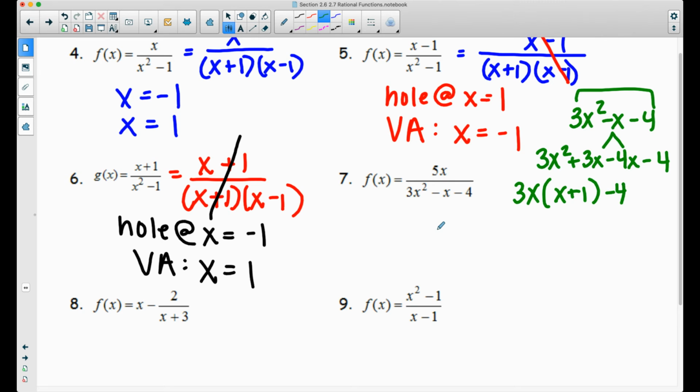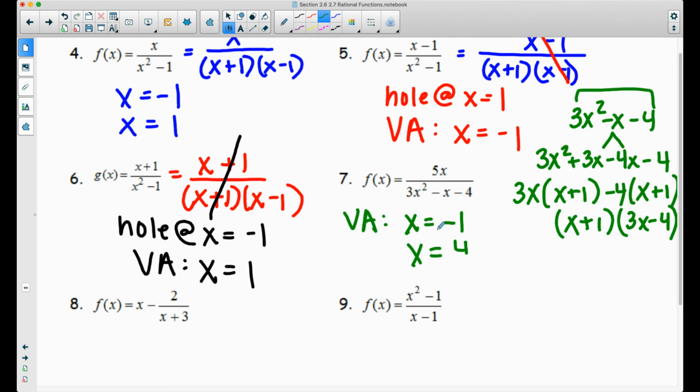I can take out a -4 and I'm left with an x plus 1. So I have x plus 1 twice and a 3x minus 4. So that's our denominator. Nothing can cancel out with our numerator, so we have 2 vertical asymptotes, and they're going to be at x equals -1 and x equals 4/3.